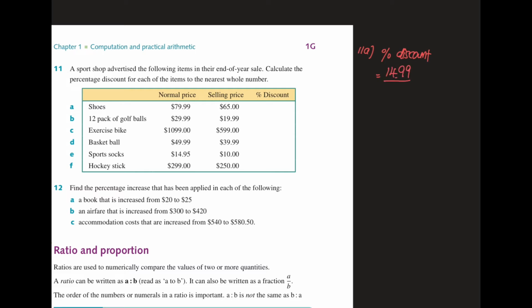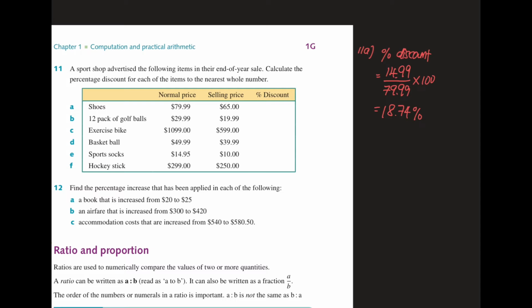So 14.99 is the discount over the original price, 79.99 times 100. Then we get 18.74%. That is for A.